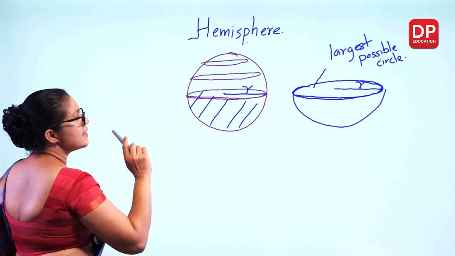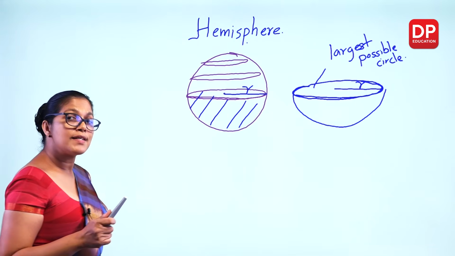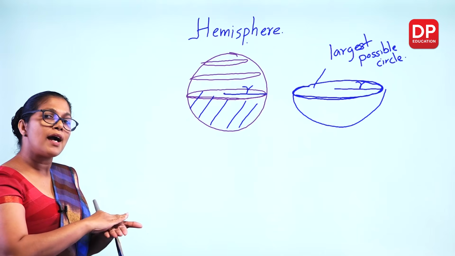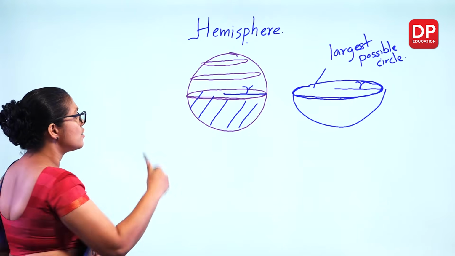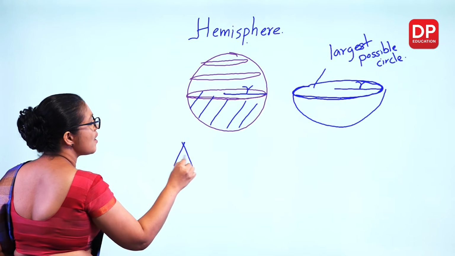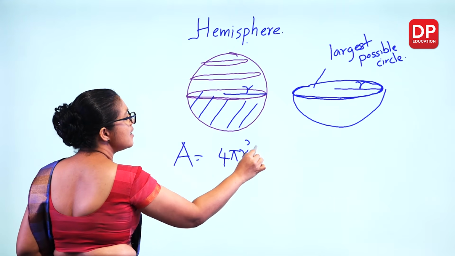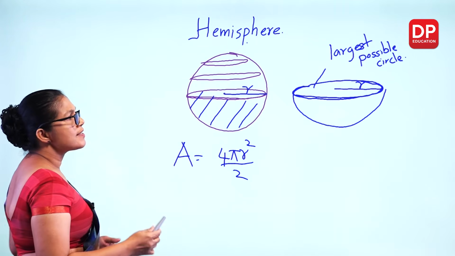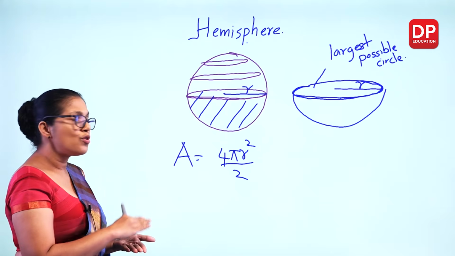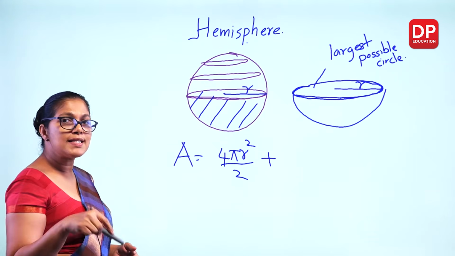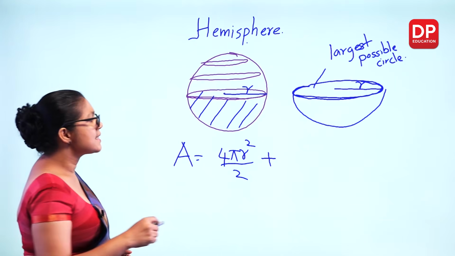The total surface area of a sphere is, we know, 4 pi r squared. Now we cut it into half. So what is the surface area now? The surface area becomes 4 pi r squared divided by 2, because we are dividing equally into two parts. Plus, now we have to consider the area of the circle.